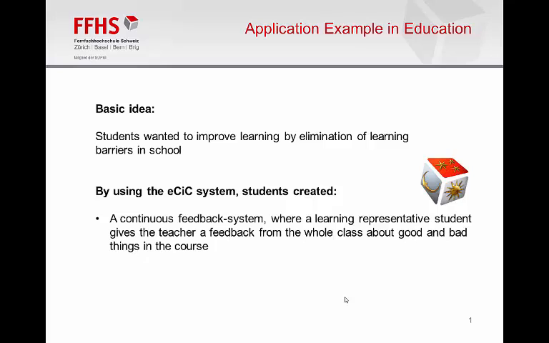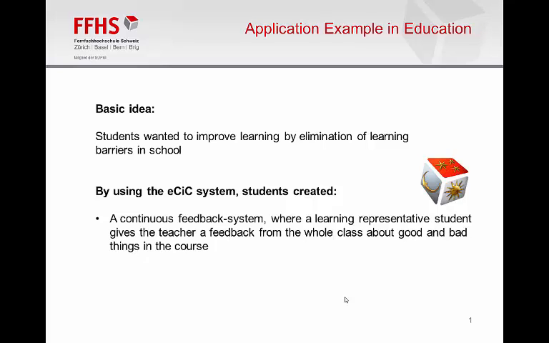So they used this eCiC system and discussed and found a solution. The solution was to create a learning representative student who is collecting all those things from other students which they want to give as a feedback to the teacher.